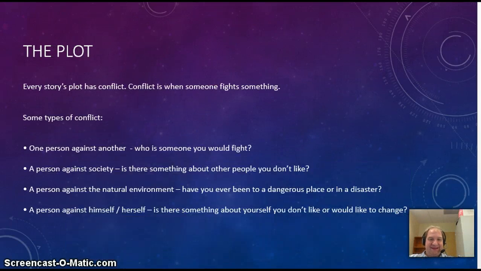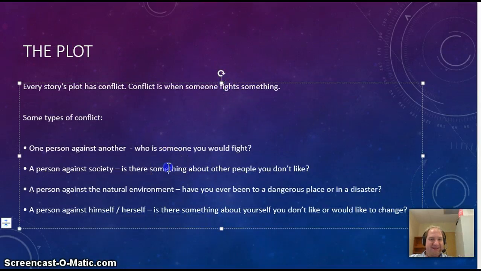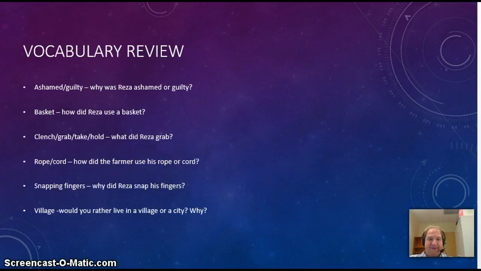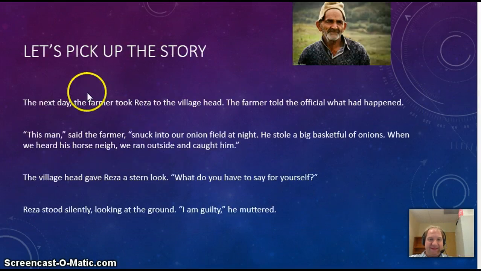We'll look more at that later. So every story has a conflict. In every story you're ever going to read, someone will fight something. It can be someone fighting someone else, someone fighting all society, someone fighting the environment, or someone fighting himself or herself. Quick vocabulary review with the definitions.